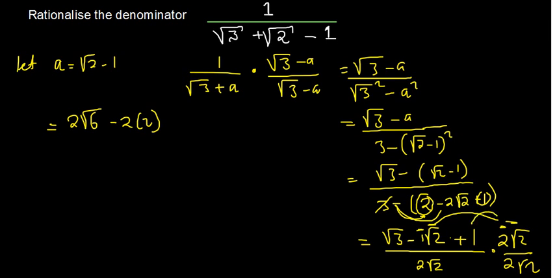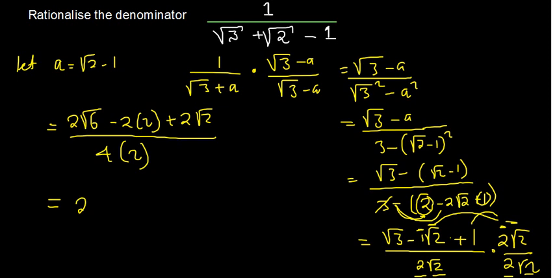Then 1 multiplied by this, that is just going to be 2 square root of 2. And then in the denominator, the 2 outside will multiply with the 2 here, that is going to give us a 4, and then the root 2 multiplied with the root 2 will just give us a 2. So this is going to give us, now I'm going to write it as 2 square root of 6 plus 2 square root of 2 minus 4 divided by 4.